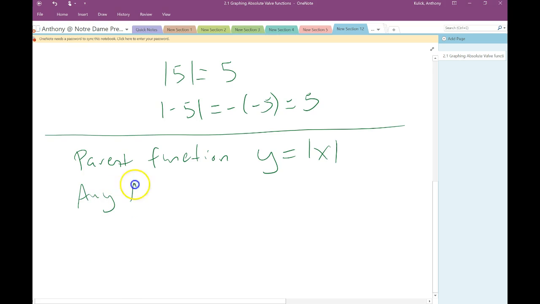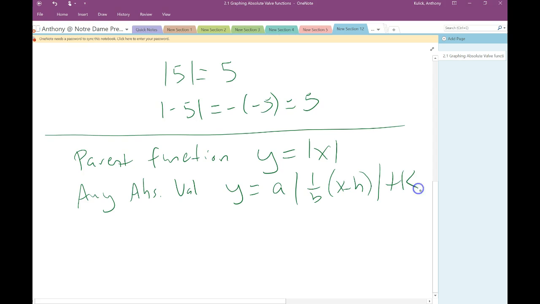And any absolute value function can be written in the form, let's just write it, y equals there. And you'll see these familiar a, b, h, and k. We know what these do in terms of a transformation. That was well covered in the previous module. If you don't remember that, I would encourage you to go back and look at your notes for section 1.3.